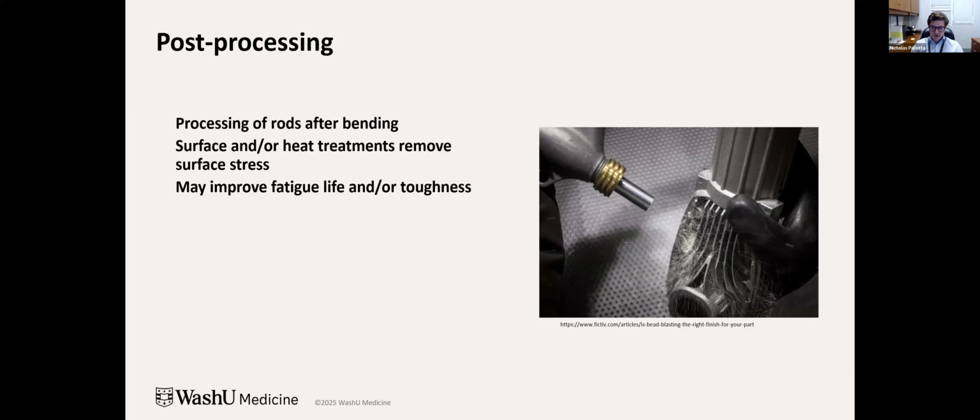So that's where small media are essentially shot at a material to change the surface. And so this is one of the well-known processes for helping the fatigue life of really any product. So this does it by imposing a surface compressive stress, which will inhibit crack formation or propagation through material. Heat treatments are other ways to reduce internal stresses in material, again, to help fatigue life.